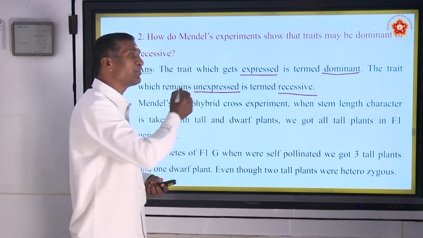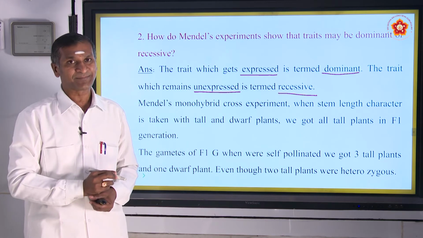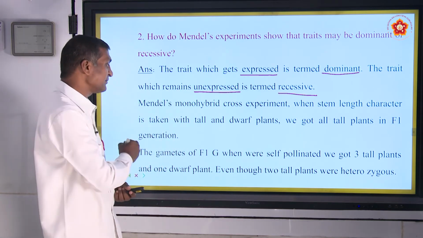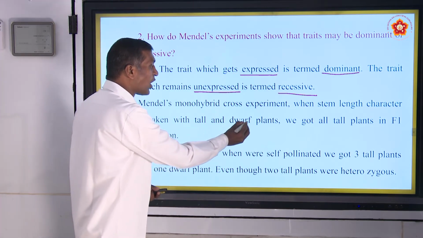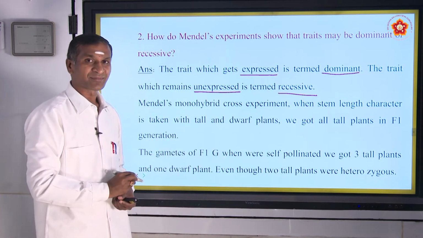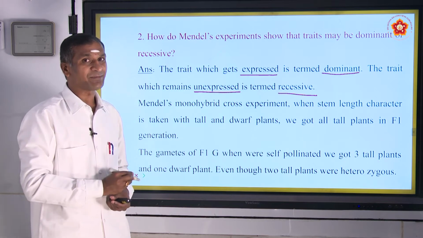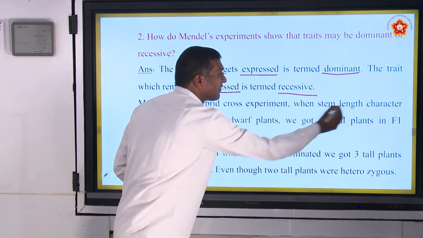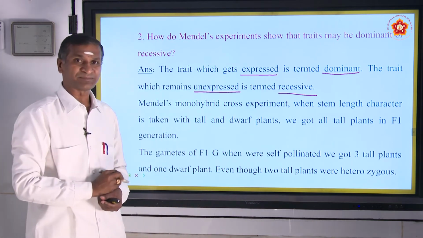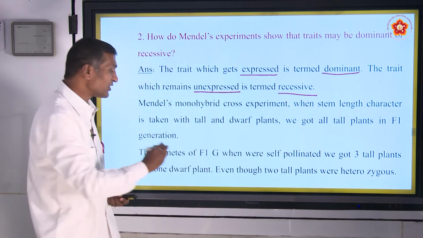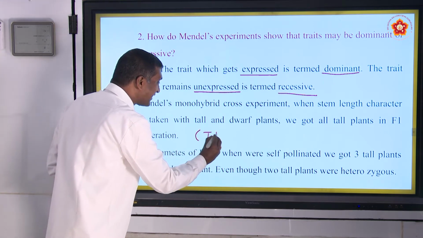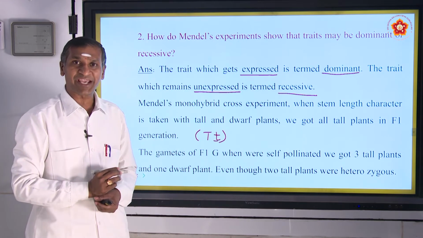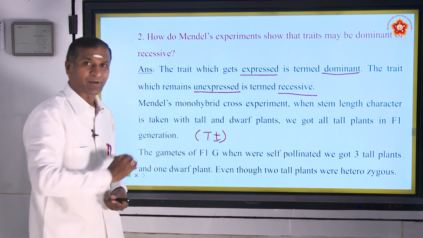Mendel's monohybrid cross experiment, when the stem length character is taken with tall and dwarf plants. Recollect that experiment, children. We got all tall plants in the F1 generation. Even though we had Tt in the zygote, even though the dwarf gamete was there, all were tall plants.